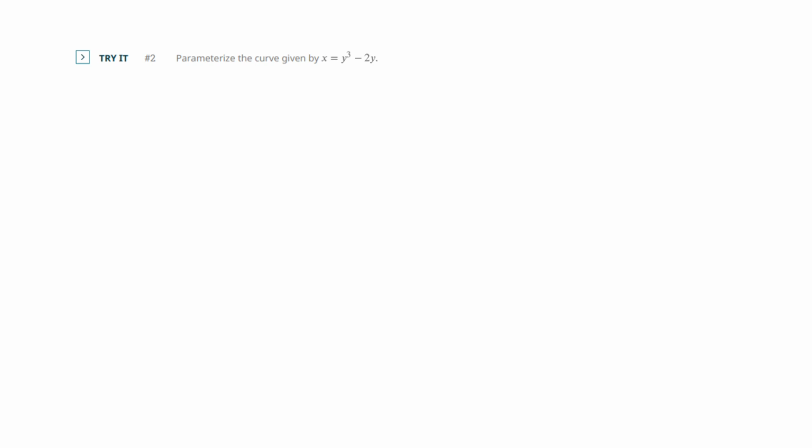Okay, so they've left the choice up to us on how to parameterize this. Now, what we've been doing is saying x is a function of t. We've been making that change. But if they're not telling us what to do, this is already set up where x appears to be a function of y. So let's make a different change. Let's make y sub t equal to t.